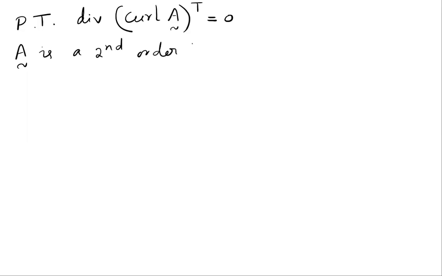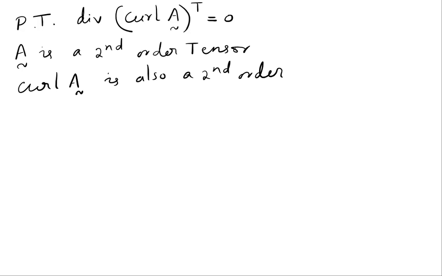What is curl of that A? It is also a second order tensor, because applying curl, the order will not change. The order remains the same. If A is a second order tensor, curl A is also a second order tensor.